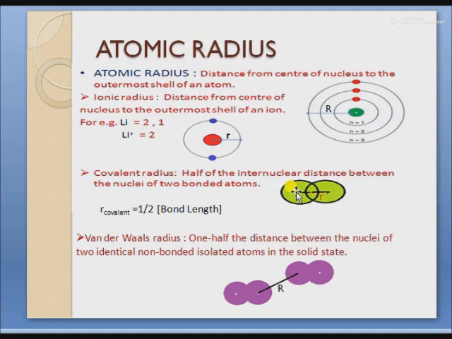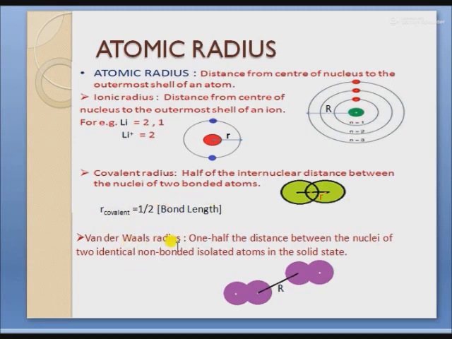When we join these two nuclei with a solid line, it becomes the internuclear distance, and half of this distance is called covalent radius. This is also called the bond length, and R covalent is equal to half of the bond length.